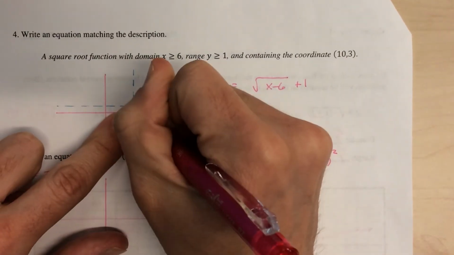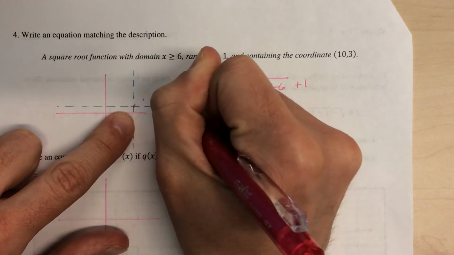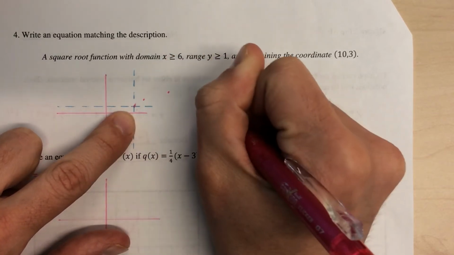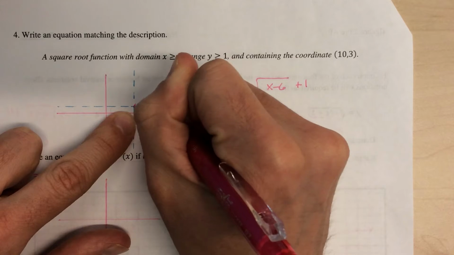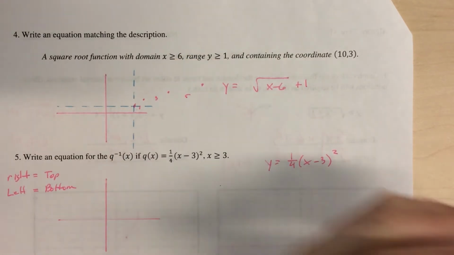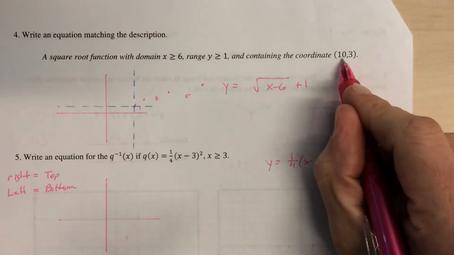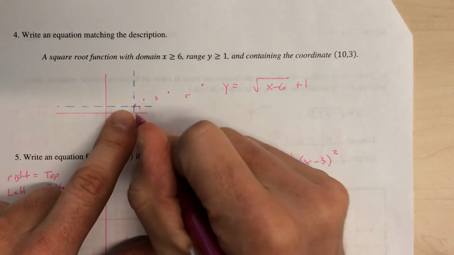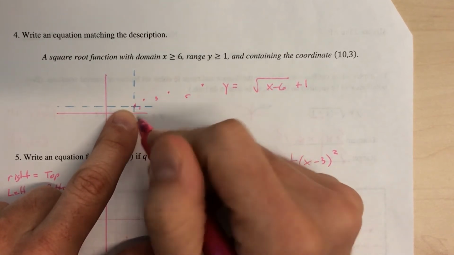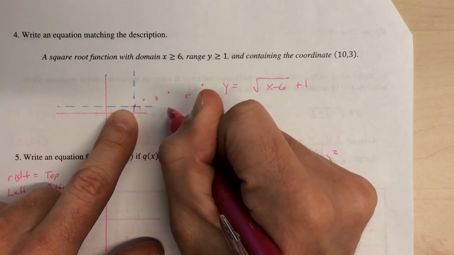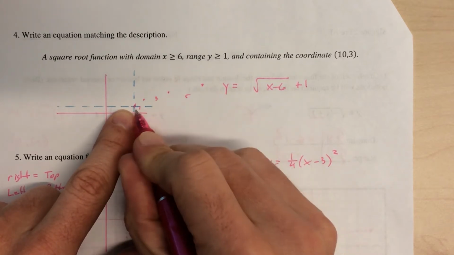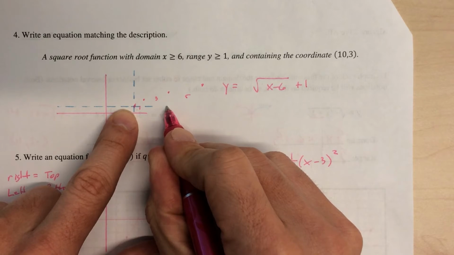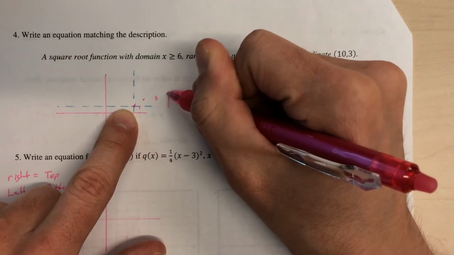The pattern for the parent function is go over 1, up 1, then go over 1, up 3, then go over 5, up 1. So I got this 5, this 3, and this 1 space, and everything is increasing by 1. Now to get to 10, 3, from where we're at, which is at 6, 1, that means I have to go over 4 units, and notice that if I add 1 and 3, I'm going to get to 4, and then I have to go up.